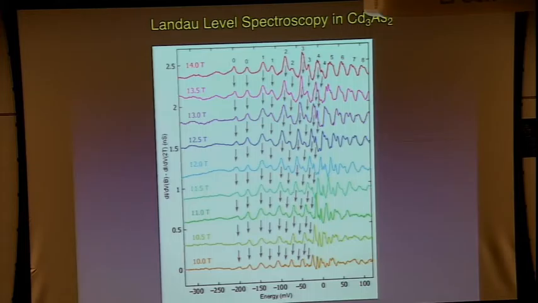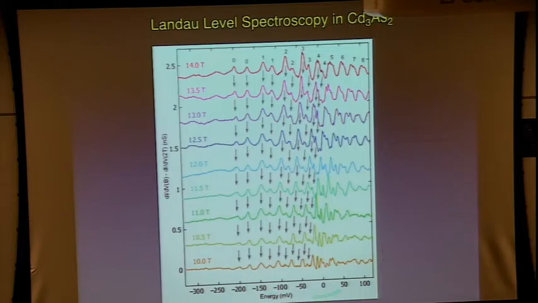Very much like you do Shubnikov-de Haas oscillations using resistivity or magnetization measurements, we can use the STM to look at oscillations in the density of states with field. Except here we have the advantage that we're not just looking at the chemical potential. We can do spectroscopy as a function of energy and look at the Landau levels, and if there are split Landau levels due to spin or what have you, you can follow them as a function of energy.